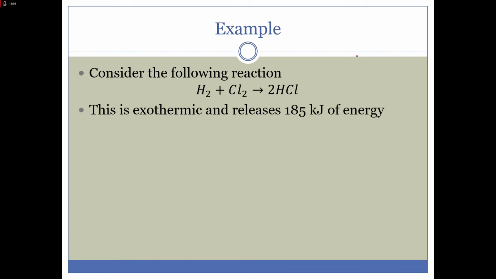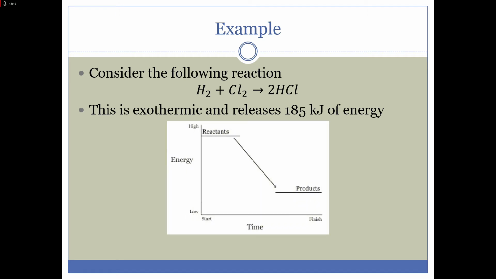Where the endothermic reaction had the products at a higher energy state than the reactants, the exothermic reaction will have the products at a lower state compared to the reactants. So here's H reactants, here's H products, and delta H ends up being negative in this case.